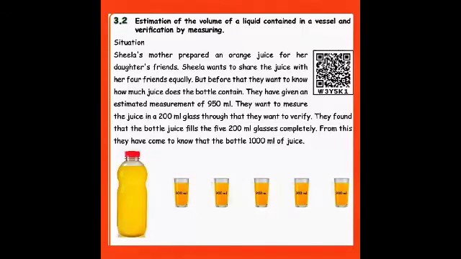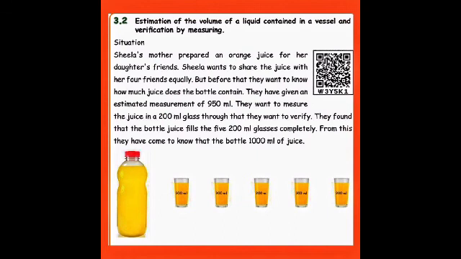Estimation of a liquid contained in the vessels and verification by measuring. Let's see that we have one juice bottle. That juice bottle has a full 1 liter of juice. Sheila's mother prepared an orange juice for her daughter's friends. Sheila wants to share the juice with her 4 friends equally.